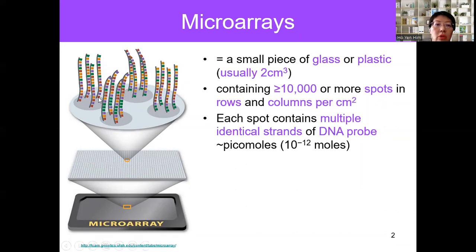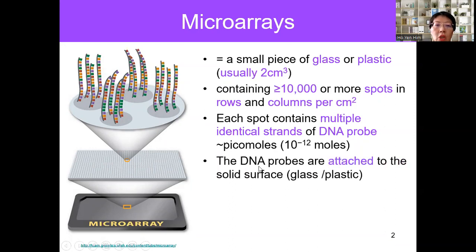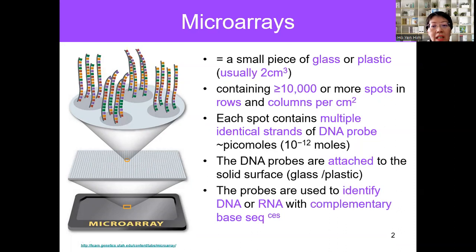The concentration of the DNA in one spot is in picomoles, meaning 10 to the power negative 12 moles. These DNA probes are attached to this solid surface, which is glass or plastic, and are used to identify DNA or RNA which have a complementary base sequence to them.